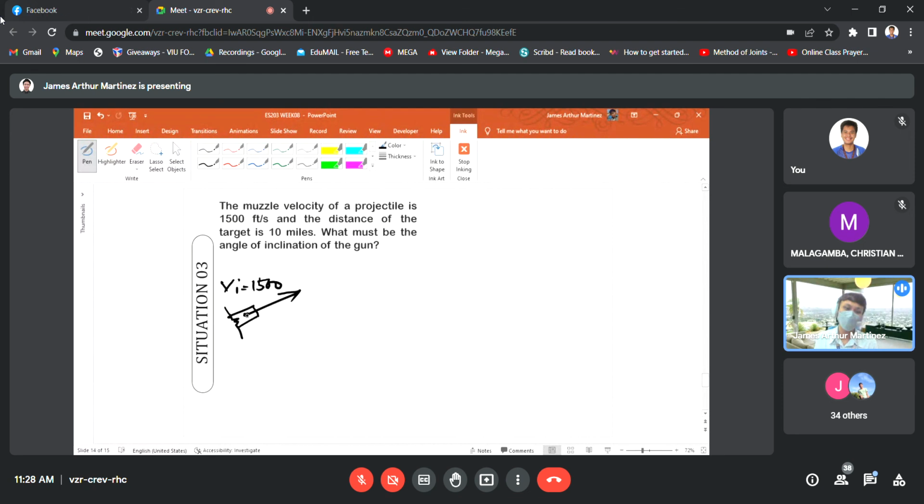So let's say the center of gravity is here, and that would be our particle. And then 10 miles away from the muzzle, or from the gun, you have your target.